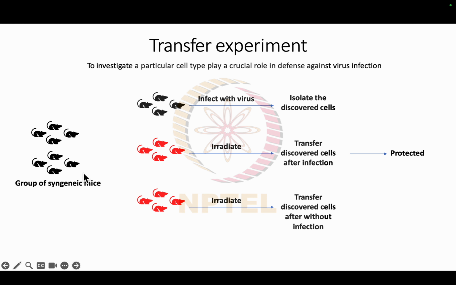This is a group of syngeneic mice. One group is infected with virus, and the cells are isolated. Another group was irradiated and transferred the isolated cells after infection. Another group was irradiated and transferred the isolated cells without infection.